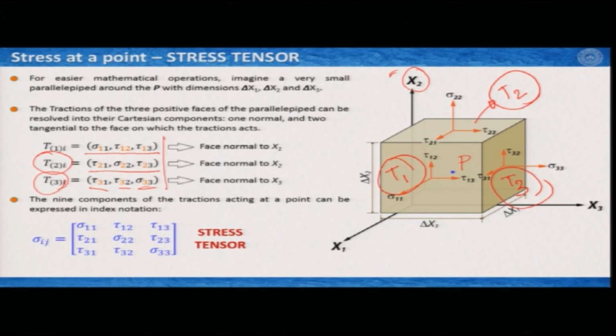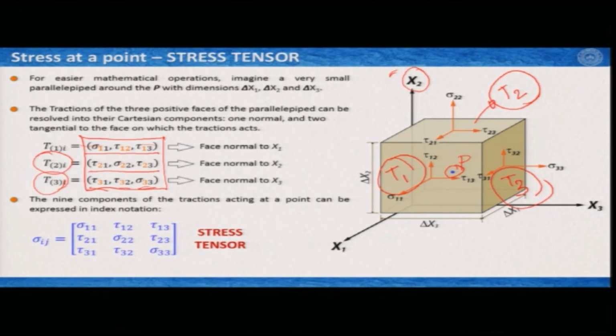Now, all these 9 components that we see here are required to define the stress at this point P. Each of T1, T2 and T3, as we have understood, is a traction, and tractions are vectors.